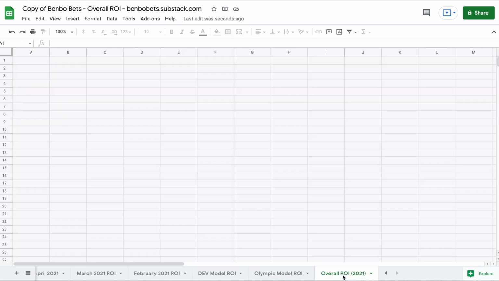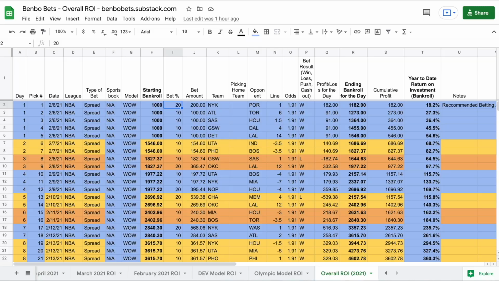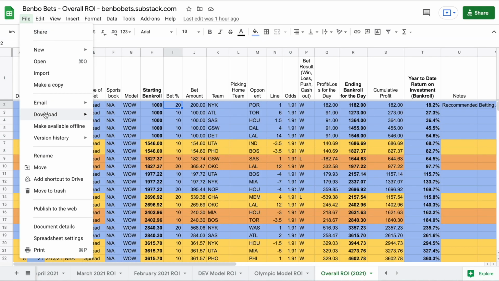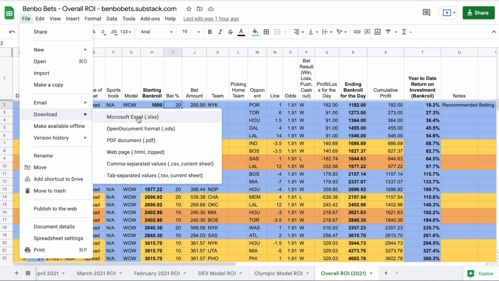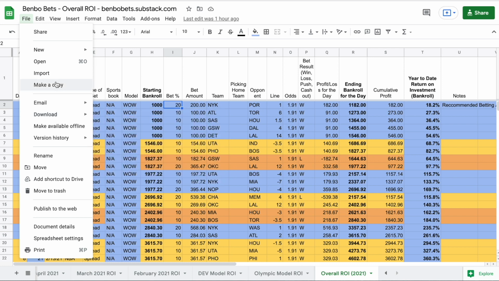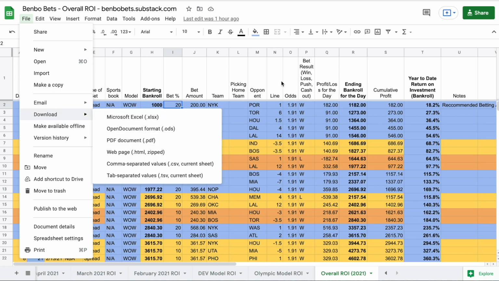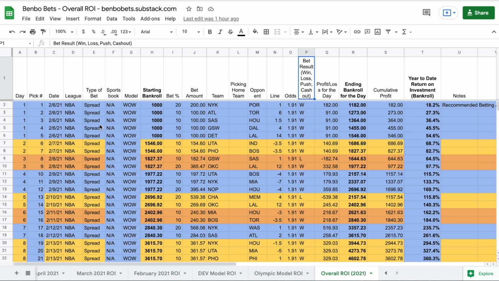If you can't, then all you need to do is go to the sheet and download it as an Excel file. And then you can either open it in Excel, open it in Numbers, or re-upload it to your own Google account and open it as a Google Sheet and do all the things that I'm about to show you. So again, if you can make a copy, otherwise you can just download it as an Excel sheet and open it in whatever app you want.